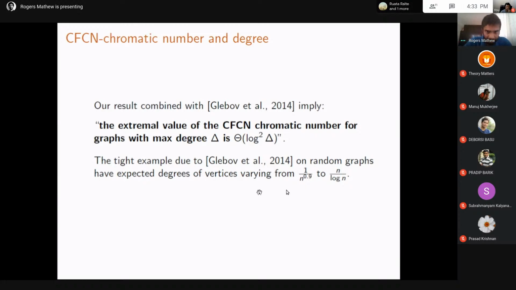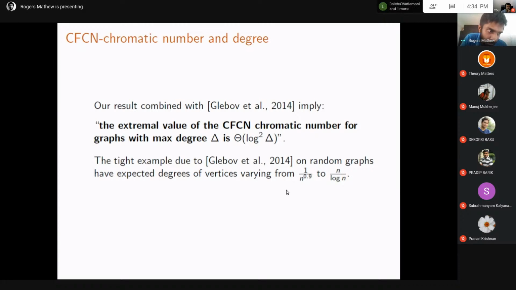Now, just one observation about the random graph I mentioned earlier, which Glebov, Szabó, and Tardos are using. The expected degree of vertices varies from 1 over n to the power 0.9 to n over log n. I also mentioned that this lower bound will not work, or you won't get a similar lower bound, for the classical G(n,p) random graph.